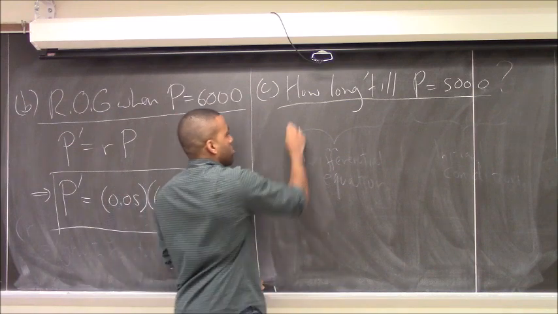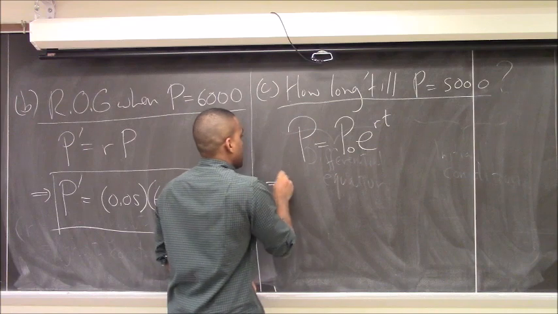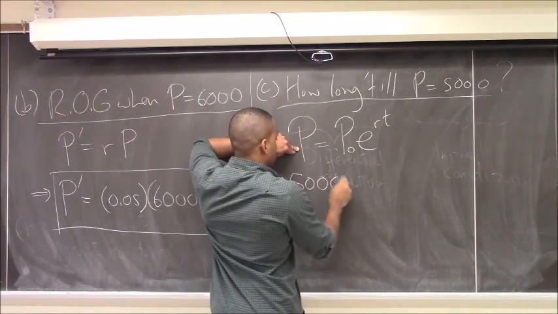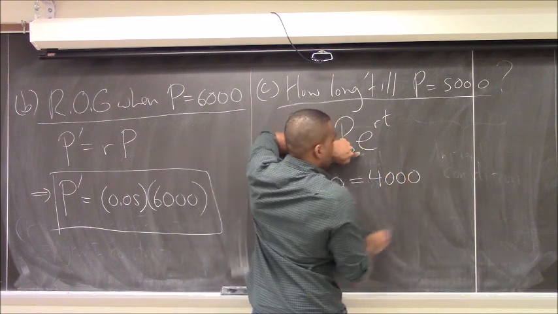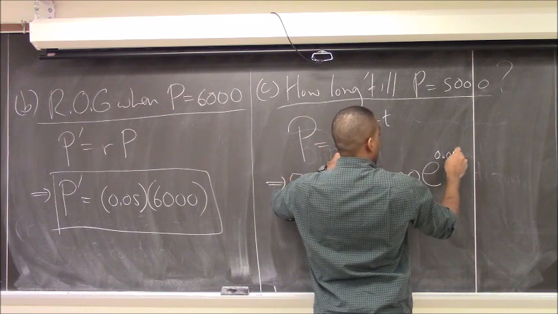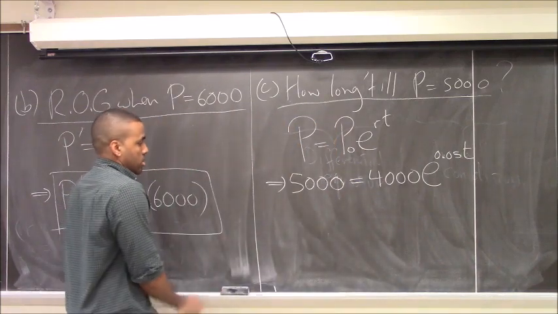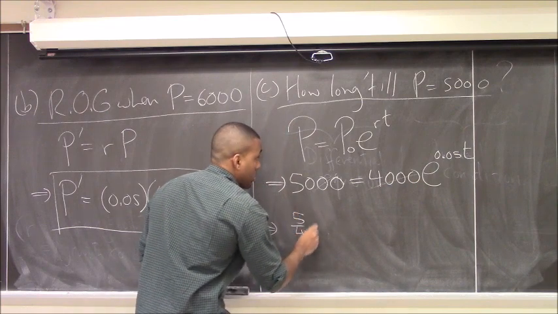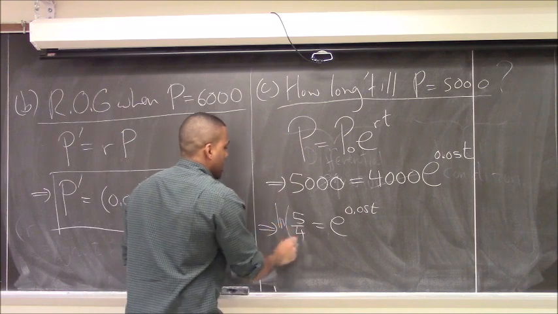At that point, just use the PERT function. You know P is equal to P naught e to the rt. This means I want this to be 5,000. I know I'm starting with 4,000. I know my r is going to be 0.05. And that's t, and now I'm just solving for t. So I divide both sides by 4,000. That's 5 over 4 equals e to the 0.05 t. ln both sides.